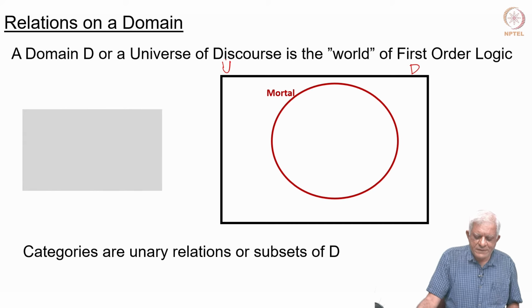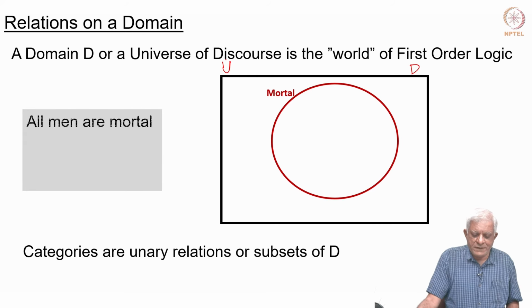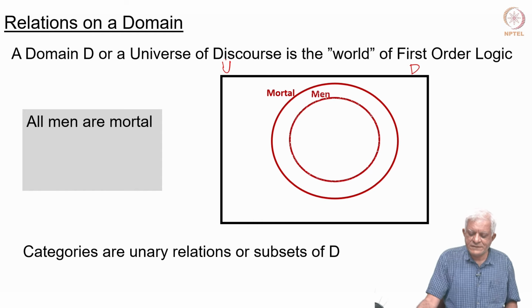So, when we say something like all men are mortal, then essentially we are saying that there is another category called man, and this category or the interpretation of this category, as we will see, is a subset of the interpretation of the category mortal. In other words, the set of men, and by men we mean both men and women.